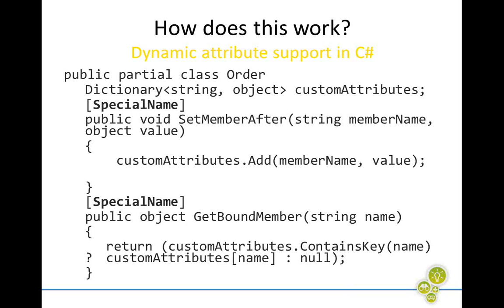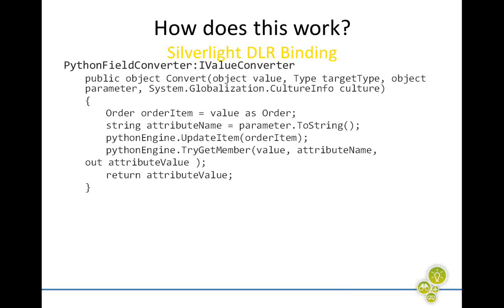What we need to create is a value converter. The value converter comes to our rescue here. Within the value converter, we take the instance of the Python engine class that I showed you earlier.